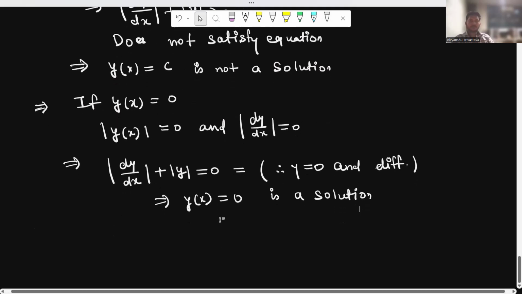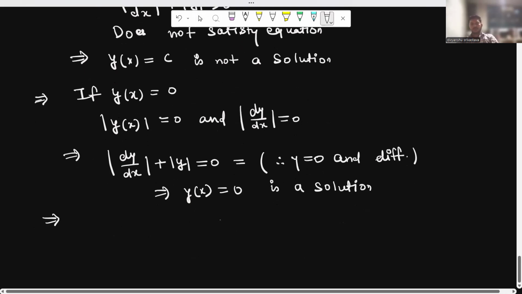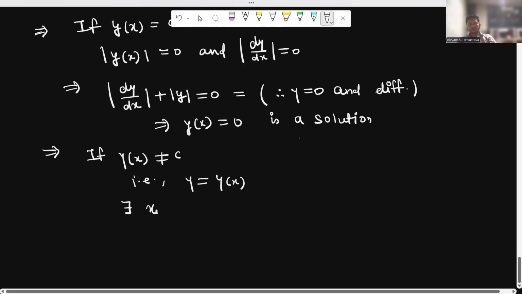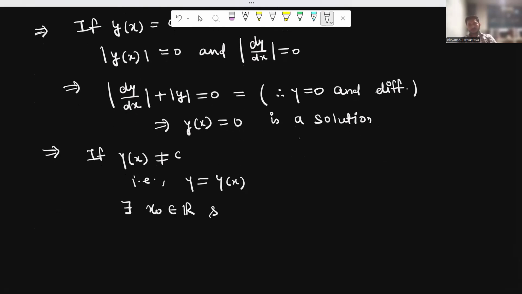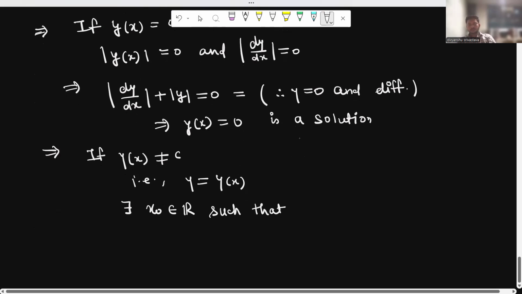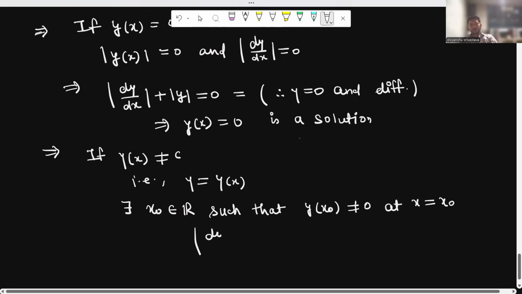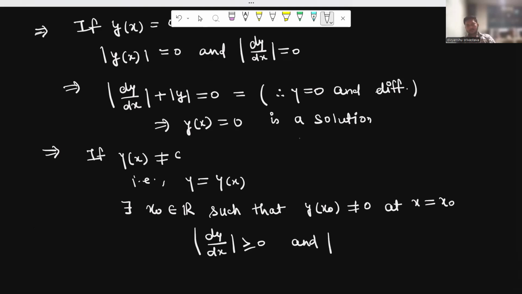Okay. And the next thing is, if y(x) is not equal to c, that is y is equal to y(x), and there exists x0 belonging to R such that y(x0) is not equal to 0 at x equal to x0, and dy/dx is equal to 0, and y(x0) is greater than 0.